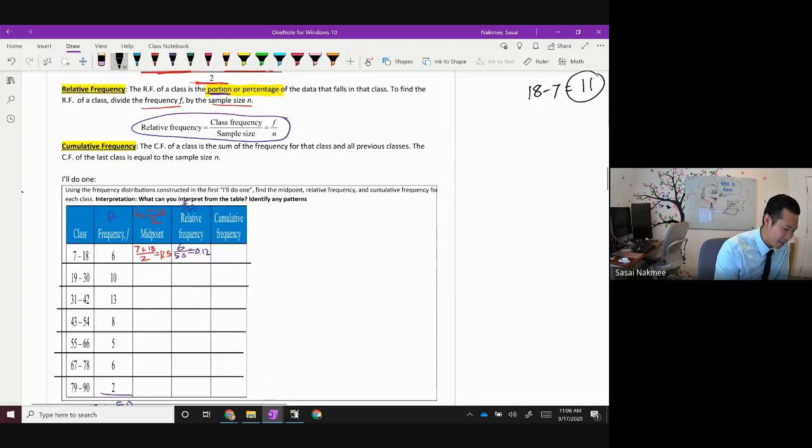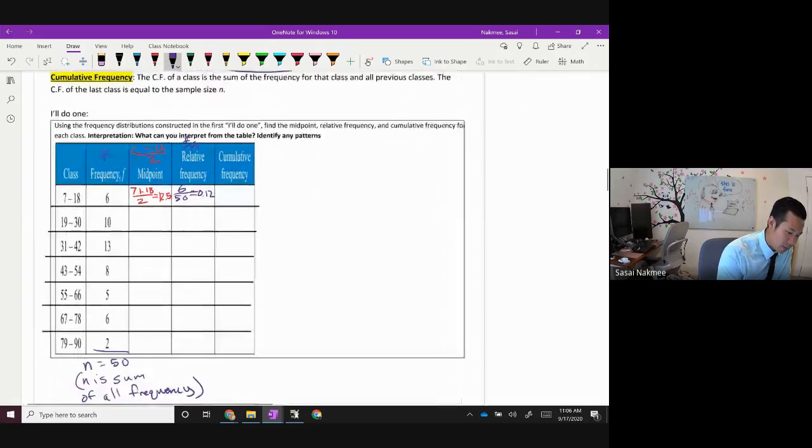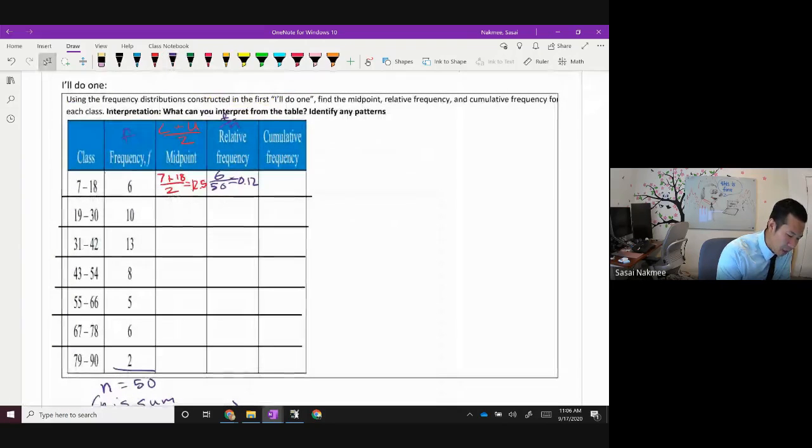So how do we calculate the relative frequency? Let's take a look at this one right here in the second class. The relative frequency is the frequency of that class divided by the sample size. What's the frequency for class 2? For class 2, the frequency is 10.